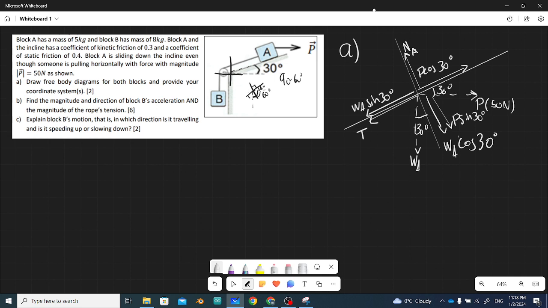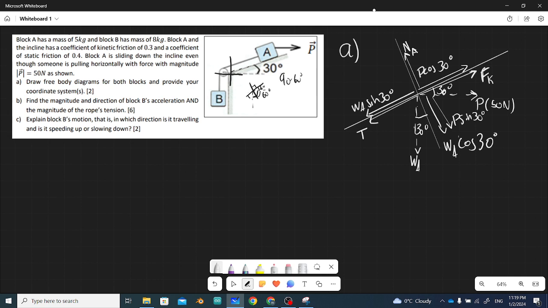It's currently sliding down, so the force of friction will be the opposite, towards up the incline. So I'm going to put it here. This is Fk. And that is it, I believe.